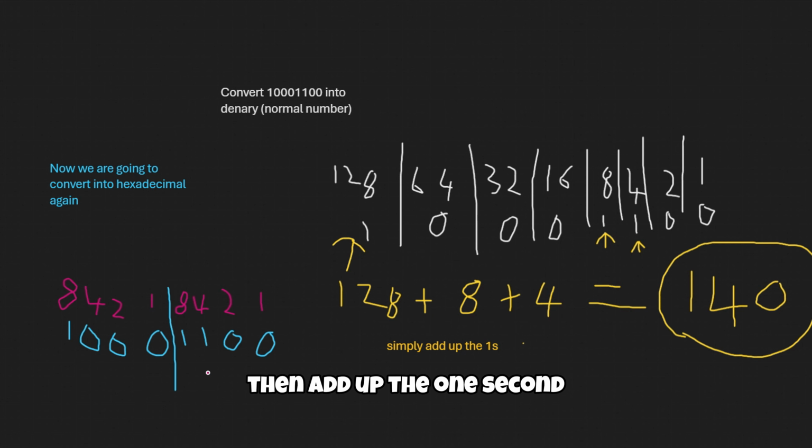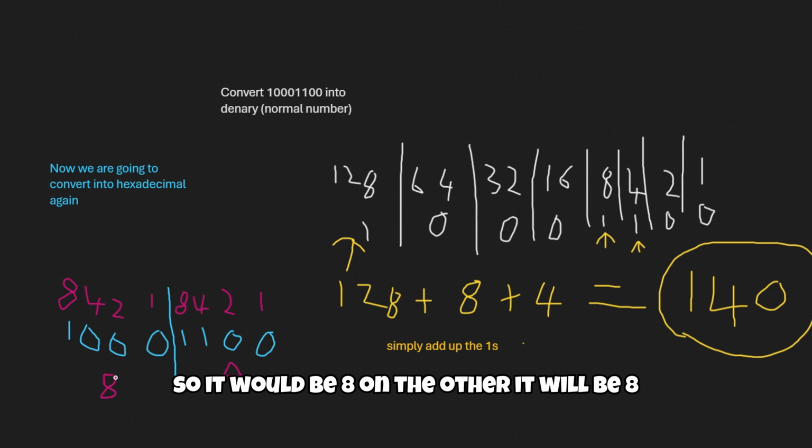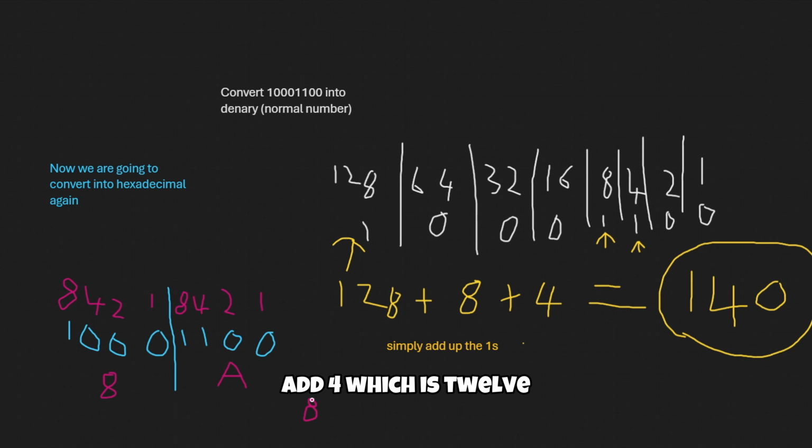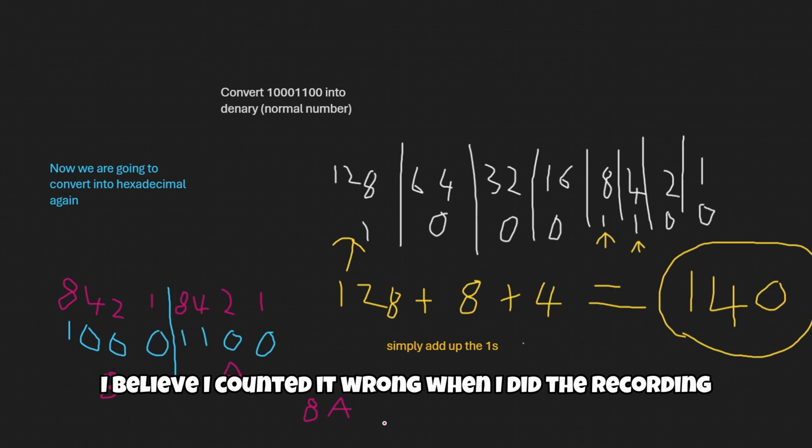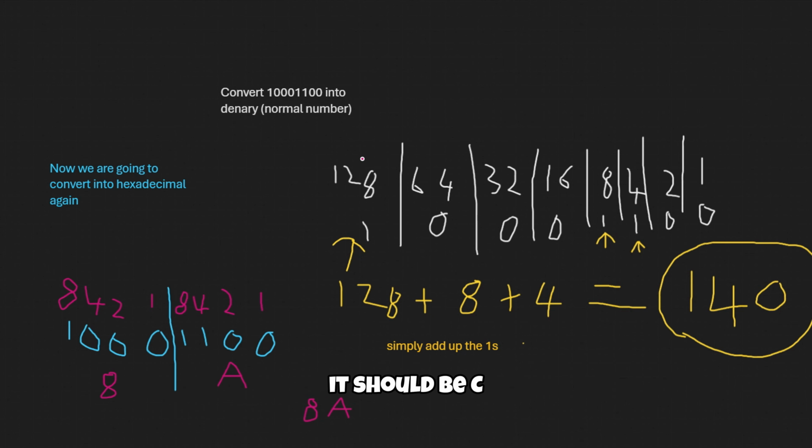Then add up the 1s. So on the left side, there is just 8, so it would be 8. On the other, it will be 8 add 4, which is 12. Oh, I believe I counted it wrong when I did the recording. It should be C.